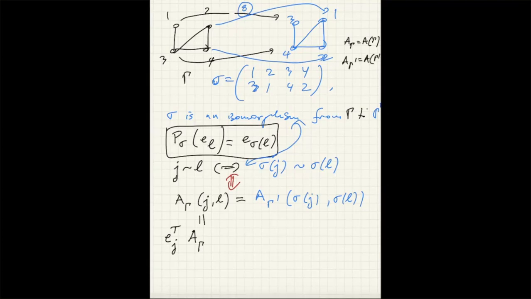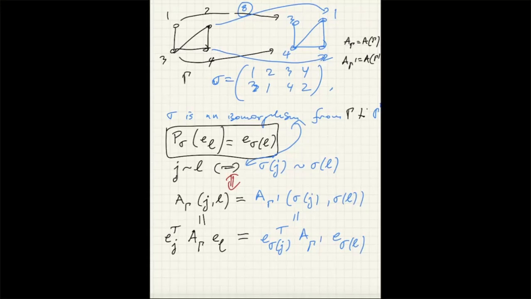So this is this expression, and over here we have something similar. We have E sigma J transpose A gamma prime, E sigma L. Okay, so these two things are the same for any J and L.